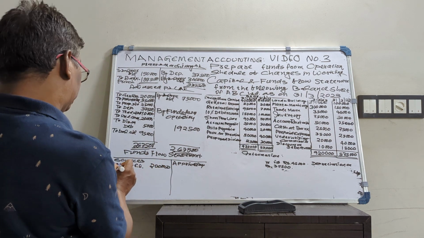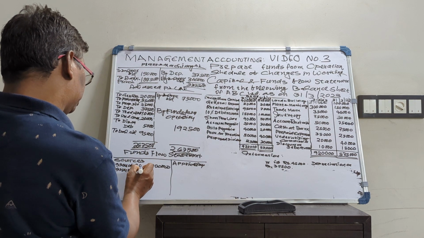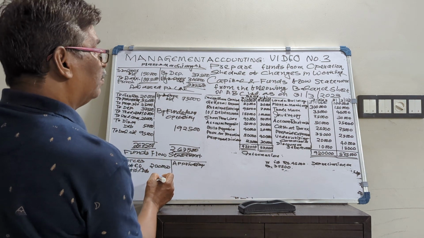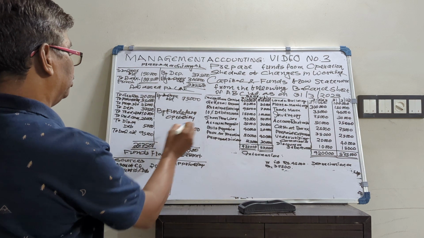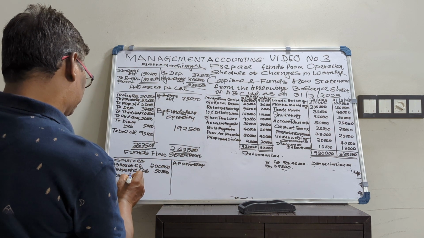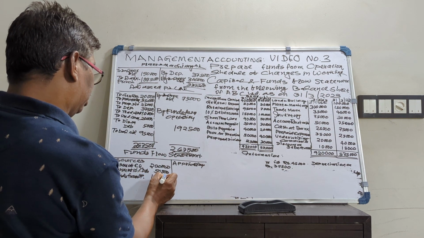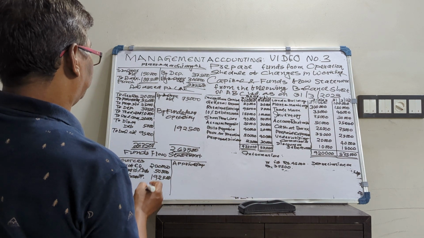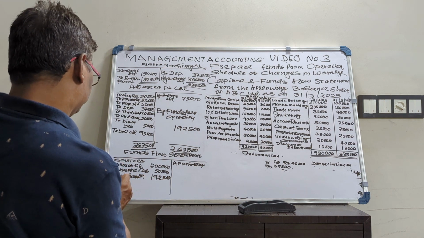Then 10% debenture, issue of 10% debenture. It is 50,000. Then funds from operation 1,92,500.